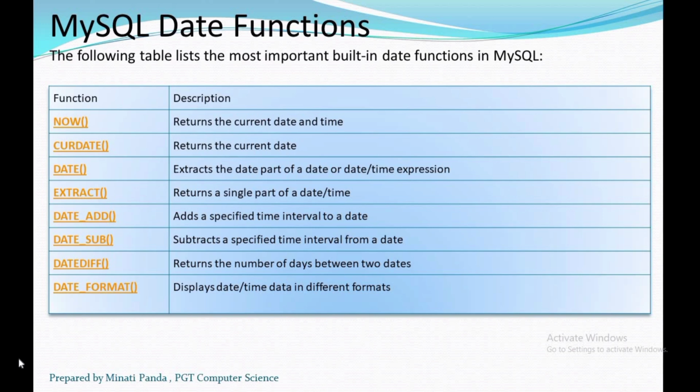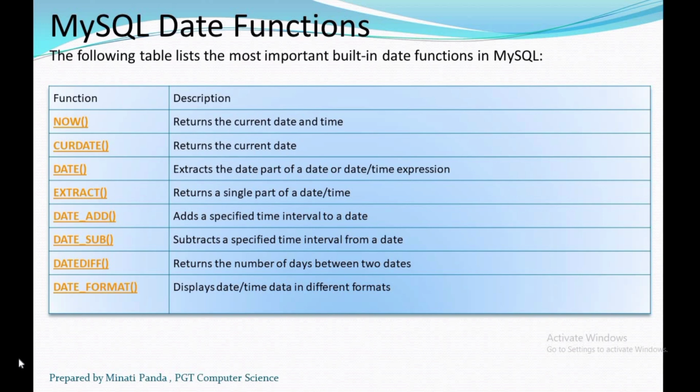For example, %a is the abbreviated weekday name, that is Sunday to Saturday. %b is the abbreviated month name, Jan to Dec. %c is used for numeric month, 0 to 12. %D will return the day of the month as a numeric value with a suffix such as first, second, third.